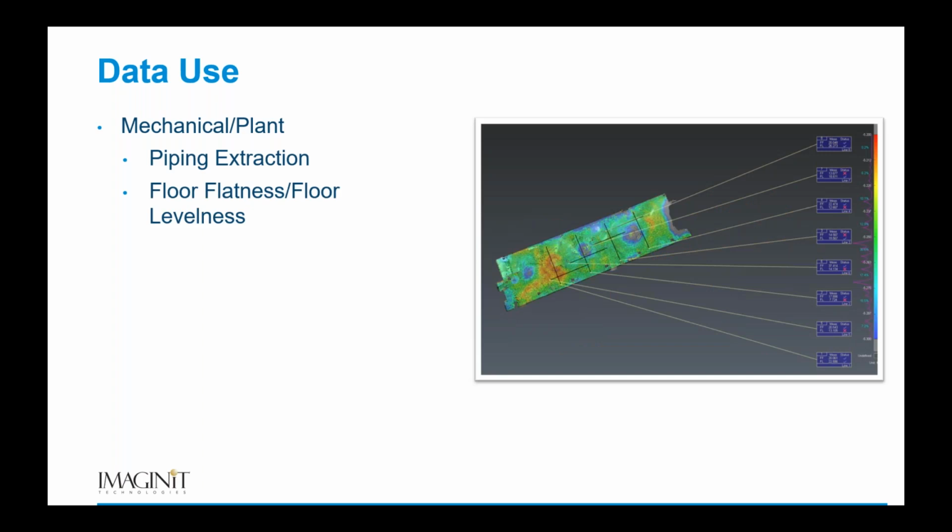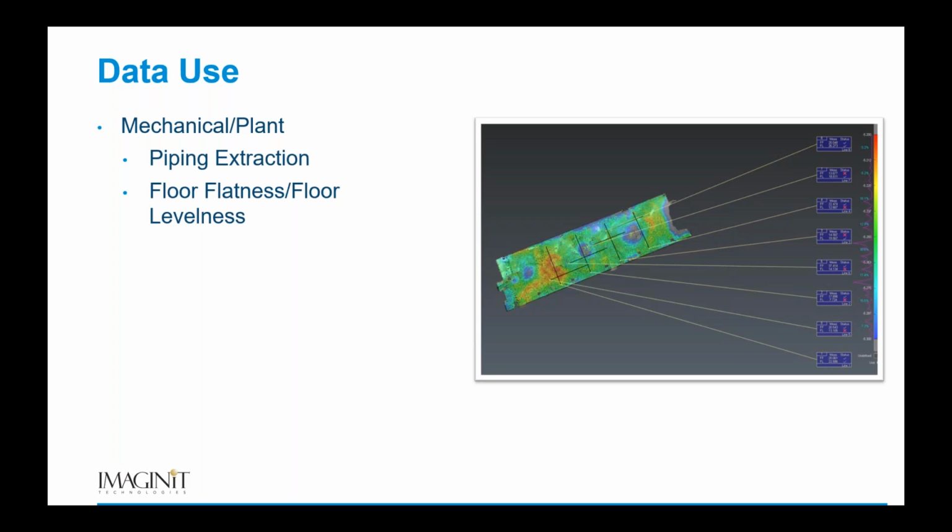Bringing equipment in. I've heard this one quite a bit, where folks are trying to bring in new equipment, but it has to sit level. They want to know, is the concrete floor level enough? And again, using the right scanner, using the right software, we can do a floor flatness analysis and be able to find out, where are those dips in the floor, or those bumps in the floor that are going to make that new equipment not sit level.